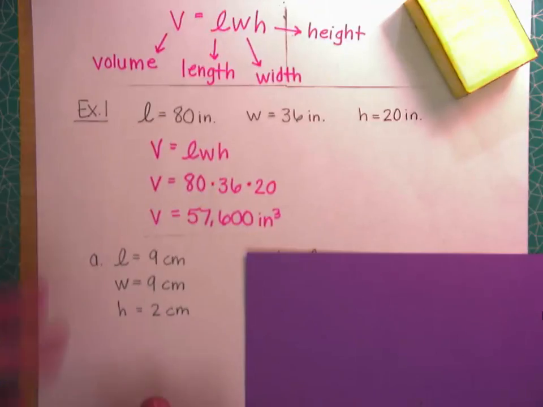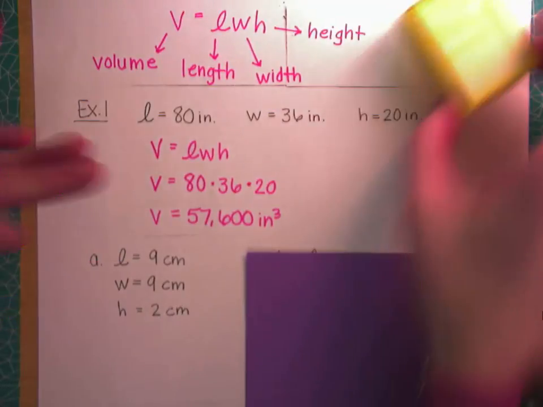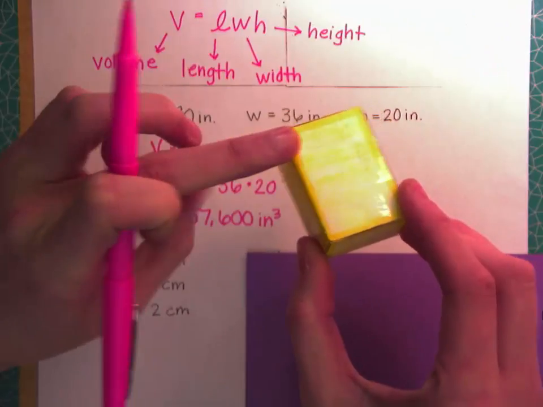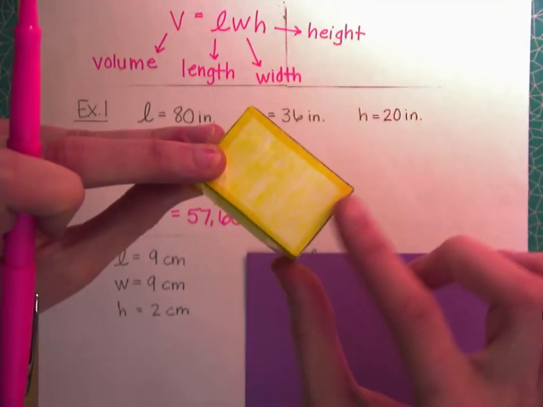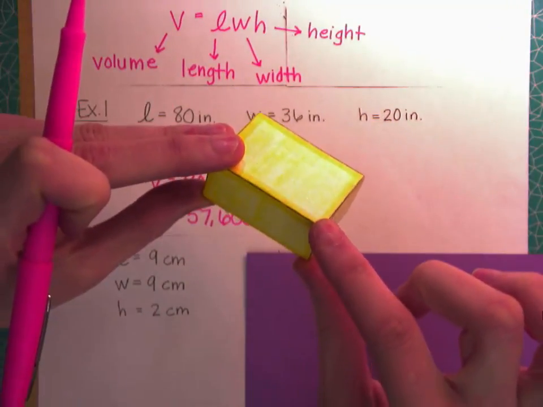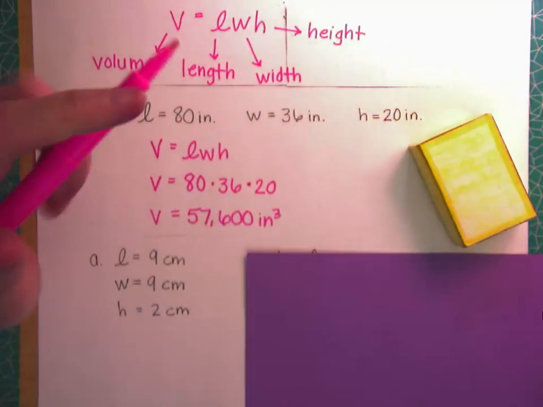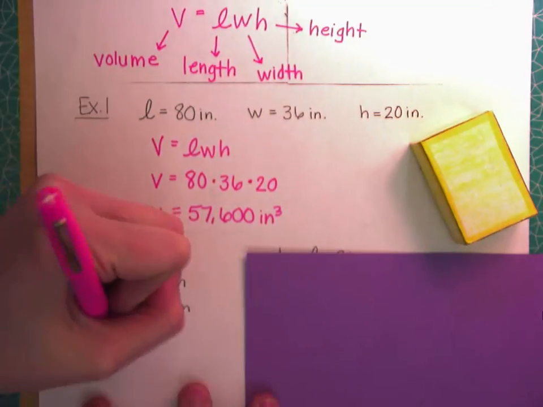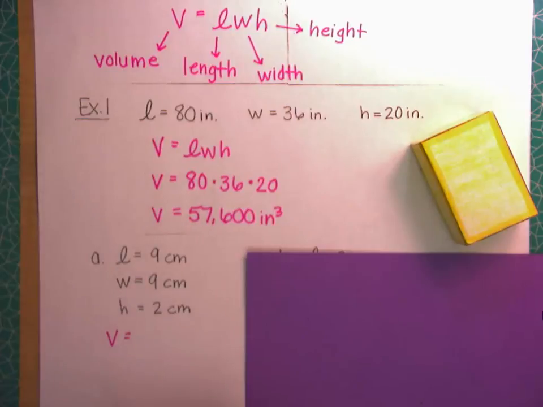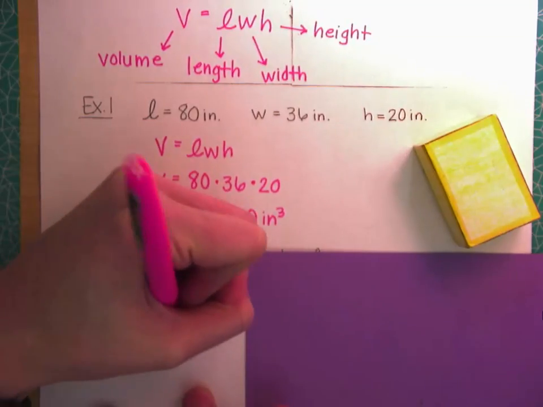Okay? All right, so here we have a length of 9 centimeters. So remember this length right here. A width of 9 centimeters and a height of 2 centimeters. Okay? So remember, volume is equal to what? What's the formula? Length times width times height.